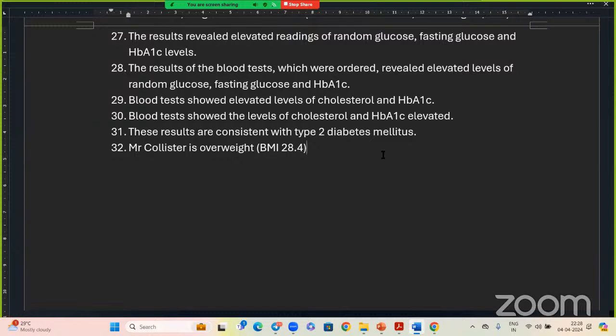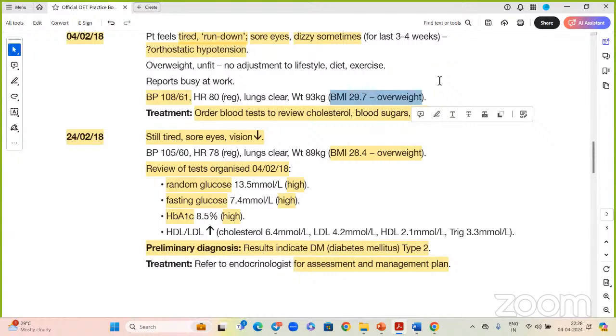Earlier he was even more, but we don't need that. Mr. Polyester is overweight. Why is he overweight? Any relation here? You see, he is overweight.